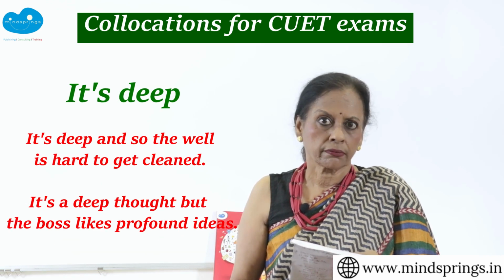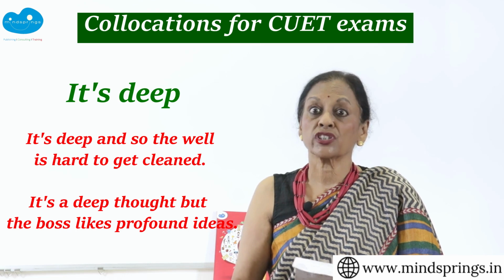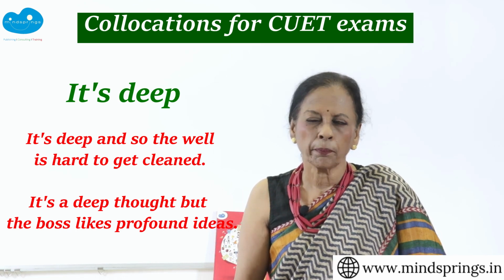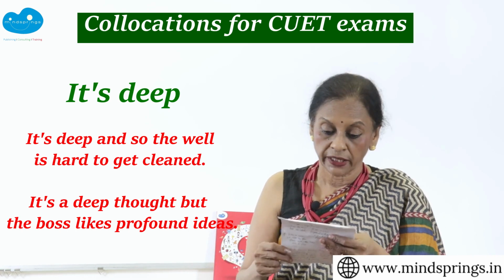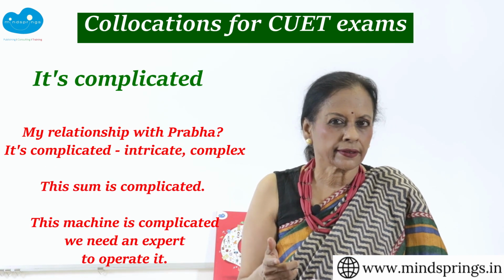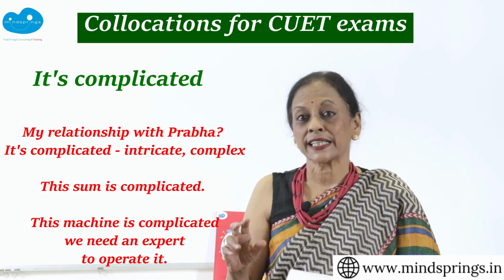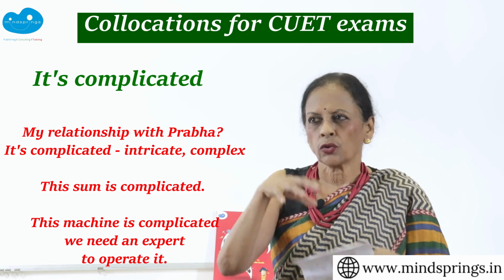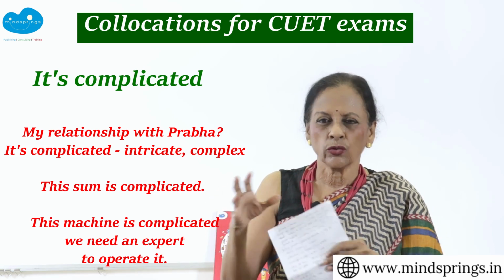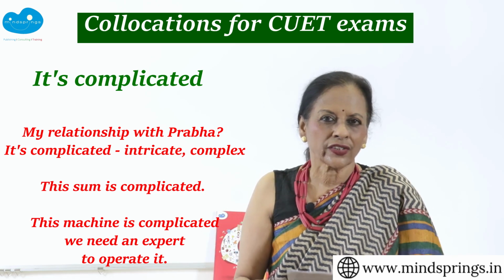Something is steep means it can be a mountain and it can be the cost of a product. It's deep, can either be a well that is deep or the ocean, or if you say it's deep, it means it's a deep thought, it's a profound idea, that also can be deep. It's complicated. Some people will tell you about relationships, they will say it's complicated, which means somebody is married, divorced, there is a whole lot of things going on, nobody knows exactly what the intricacies of the relationship are.